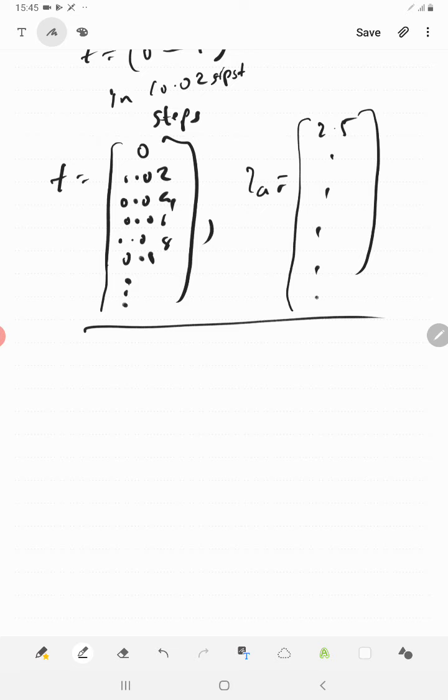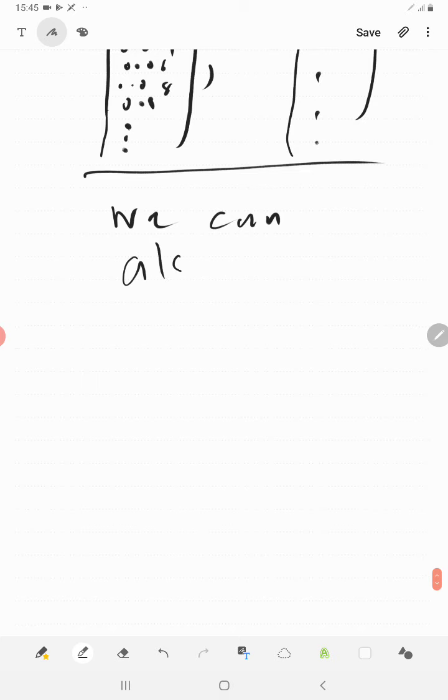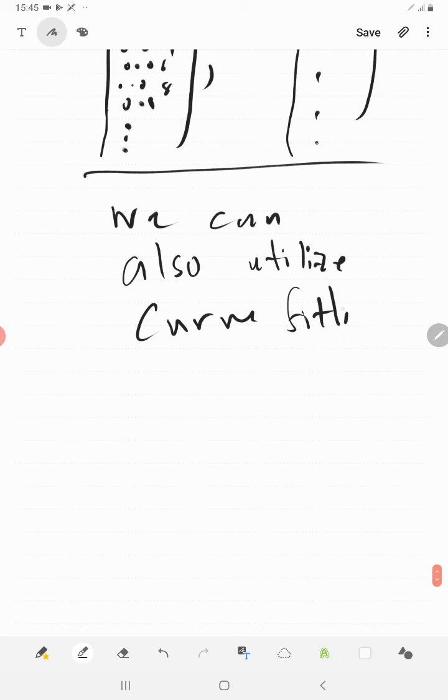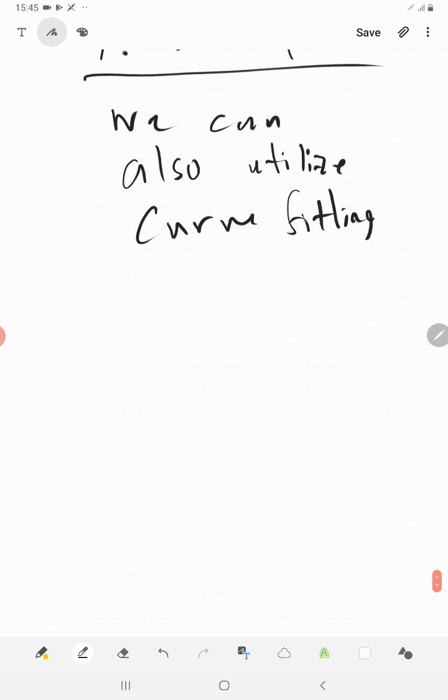What I did also, I designed a small program. We can also utilize curve fitting. Those students who take numerical analysis ENG 205 with me, they know how we do the curve fitting.